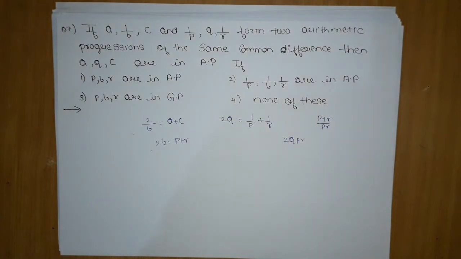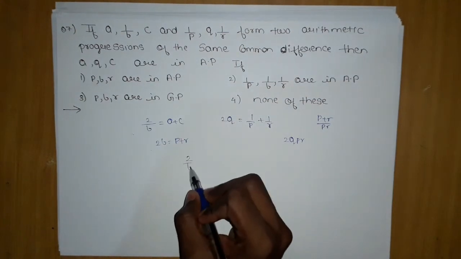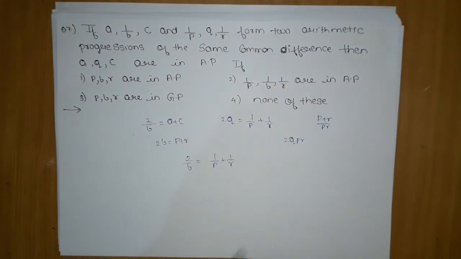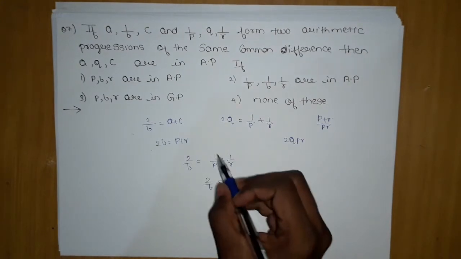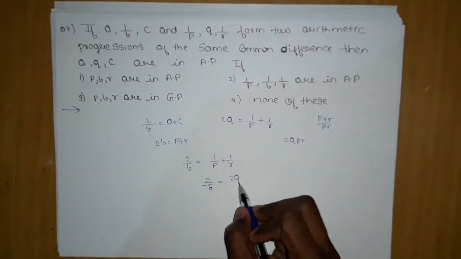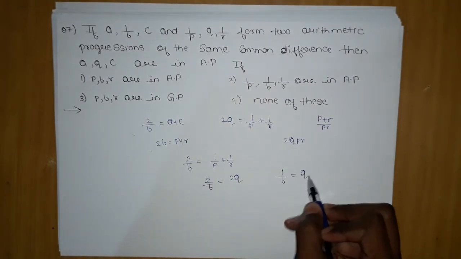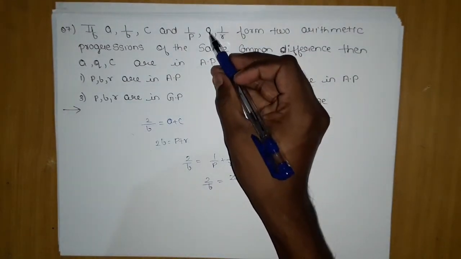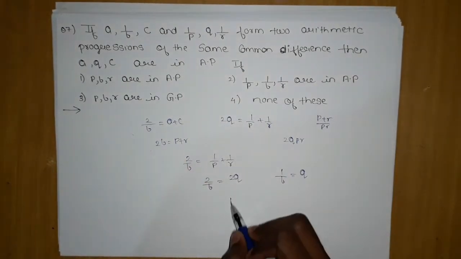Now let's check the second one. It is 2 by B equals 1 by P plus 1 by R. Here something matching is appearing. So 2 by B is 2 by 2Q, so this will cancel out, giving me 1 by B is equal to Q. If I substitute 1 by B in place of Q, then 1 by P, 1 by B and 1 by R are in AP.